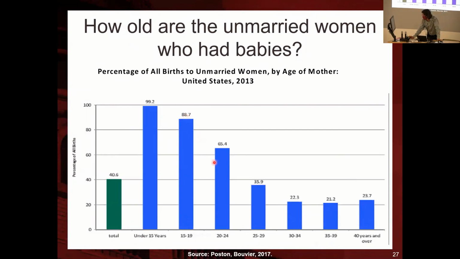And of course, as they get older, they have higher chances of being married, but that shows to policymakers a specific subgroup of the population in which we should be concerned, because these are really young women who are having children, are not married, so they don't have a stable household, and probably they dropped out from school.